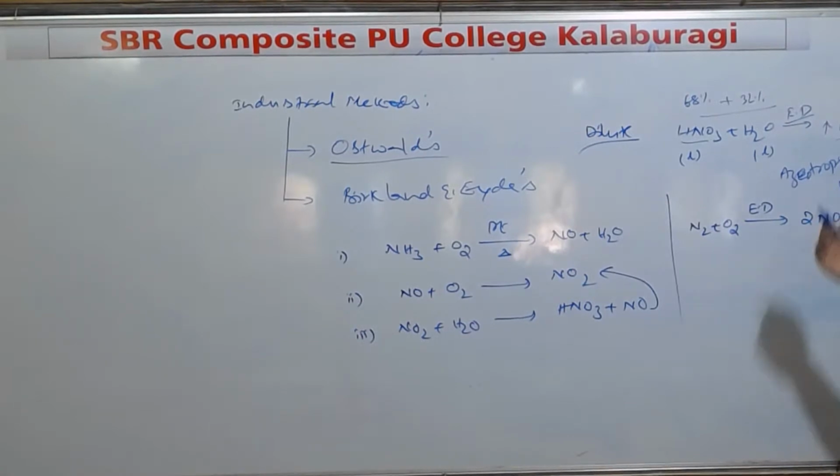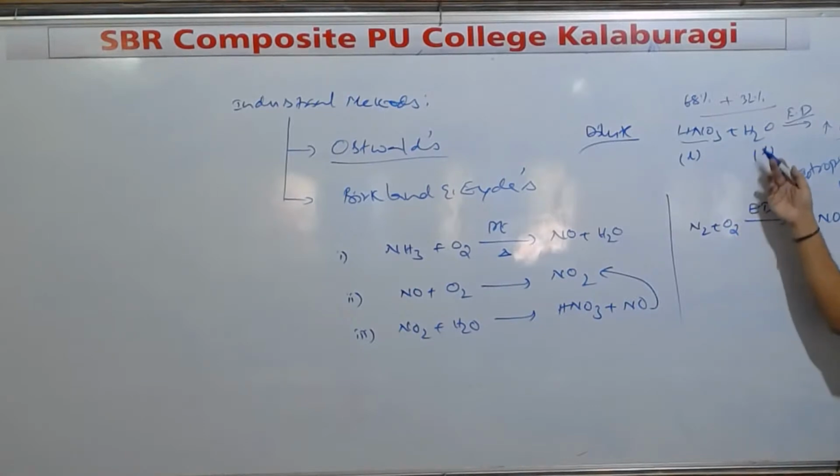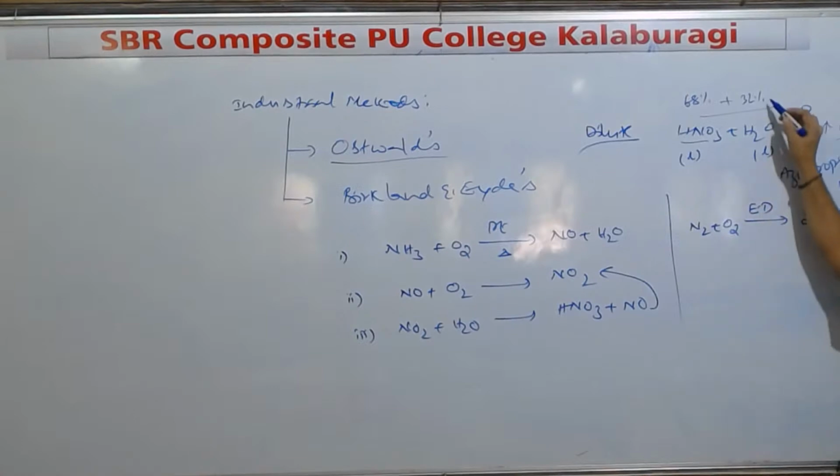So some compositions we have to remember, like alcohol and water, at what composition do they form an azeotropic mixture? Roughly 96%, 4%. Similarly, when it comes to nitric acid, it is 68-32. So remaining water you cannot remove by means of fractional distillation.